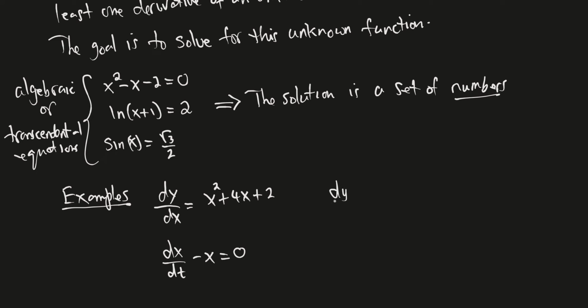So here are some examples like that. We might see a differential equation like this: d squared y/dx squared minus dy/dx plus y squared equals e to the x. So this is saying there is some function that when I differentiate it twice, subtract the first derivative, and add the square of the original function, I'm going to get e to the x.